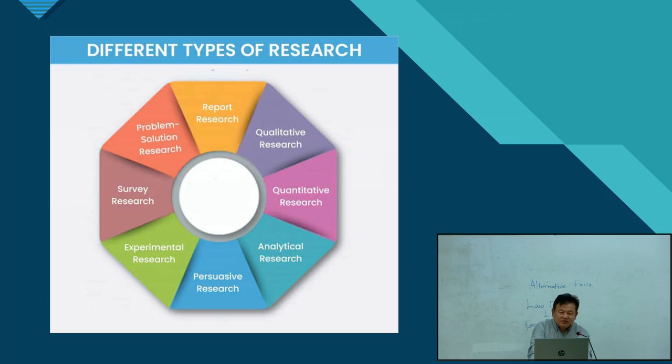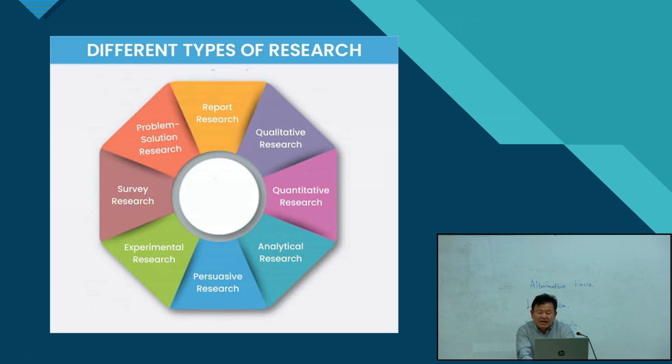And survey research. Survey research means I fix some groups and ask what is your character, what is your favorite, what do you like most, or what are you concerned about. These things are survey research. Survey research mostly uses a questionnaire. And problem solving research: you make an output.